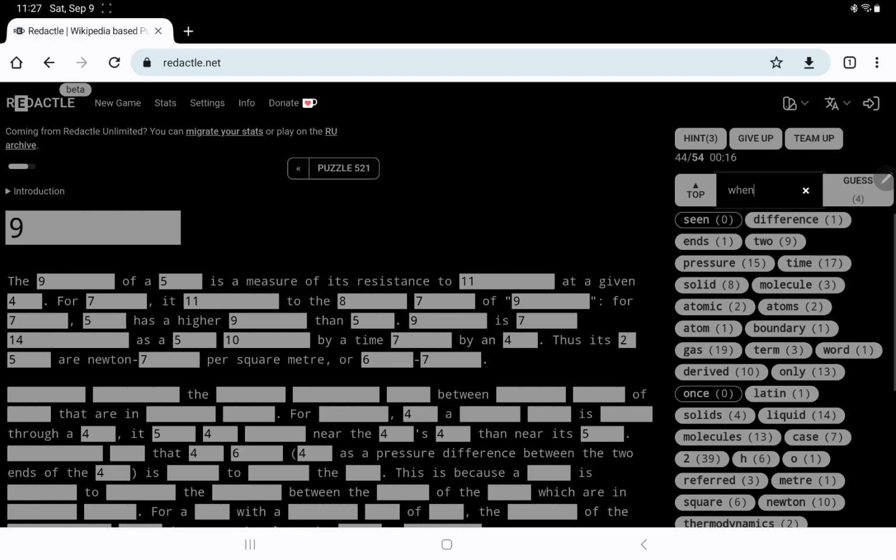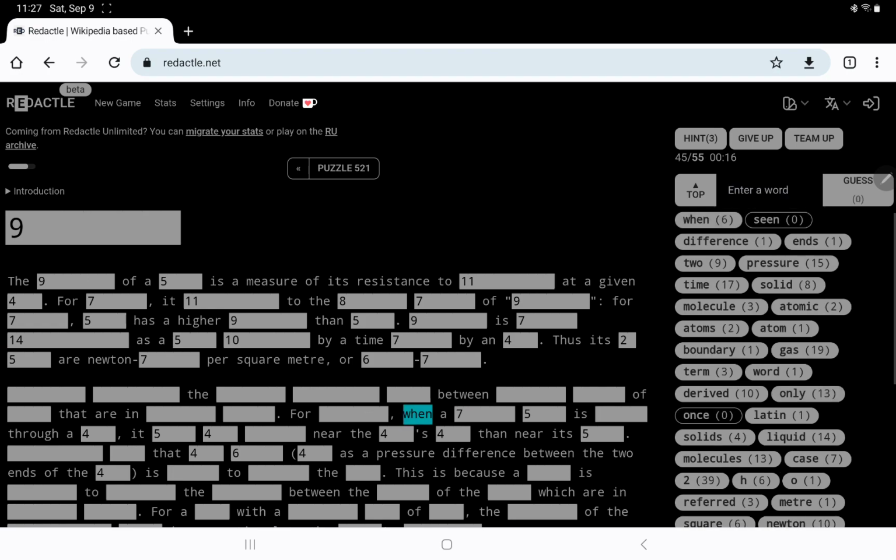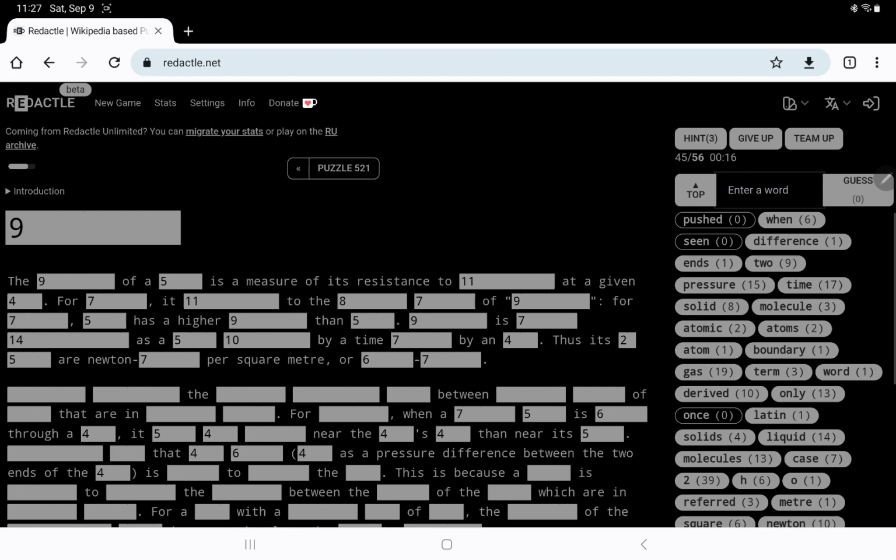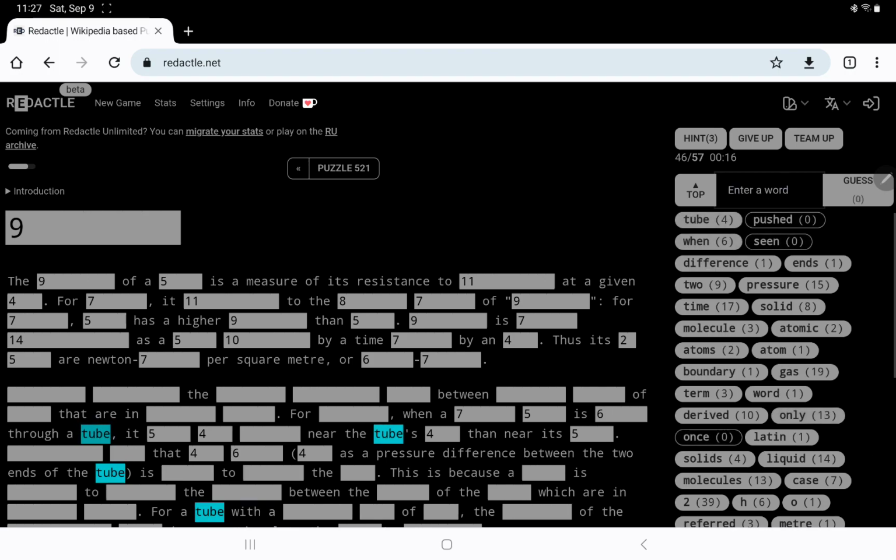For example, when a 7.5 is pushed, no, something through a tube. Oh, it is a tube. Is blank through a tube.